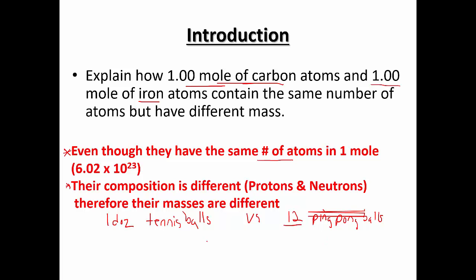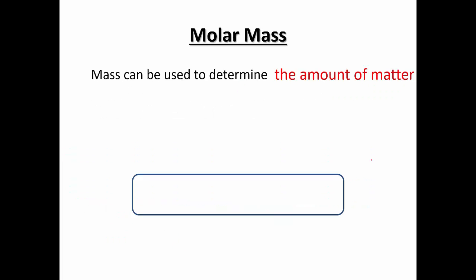They have the same number of each, but they have different mass. So just because you have 1 mole, the same amount material-wise, their composition is different, so their masses would be different between those two. So mass can be used to determine the amount of matter.